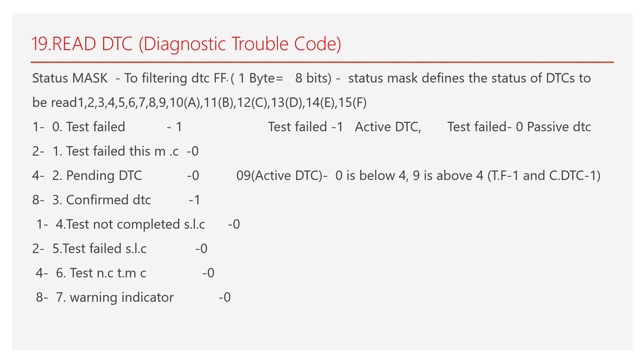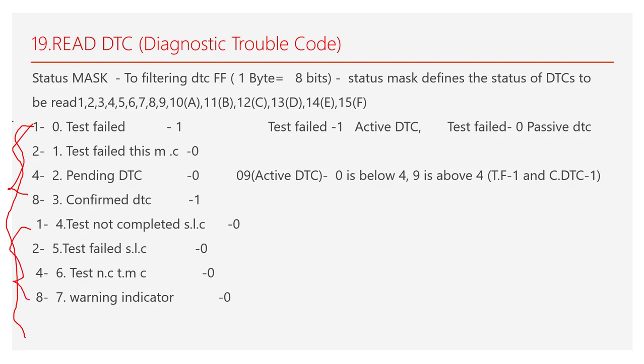FF is nothing but the status mask identifier. With the status mask identifier, the status of the DTCs is read from one field to another field, which has 8 bits of data. In these 8 bits we have two parts, two partitions.